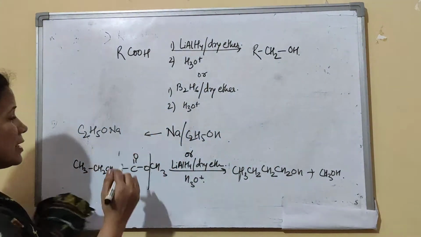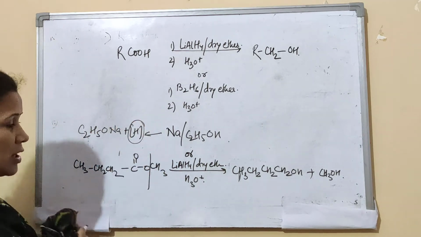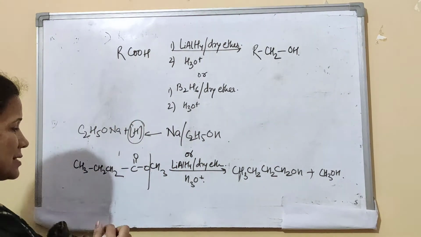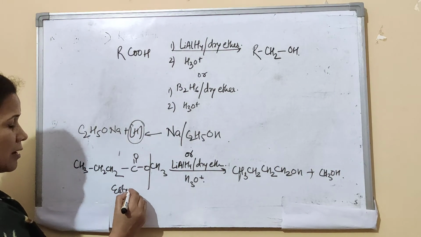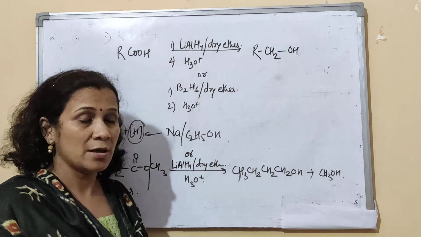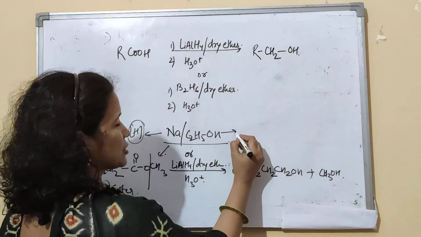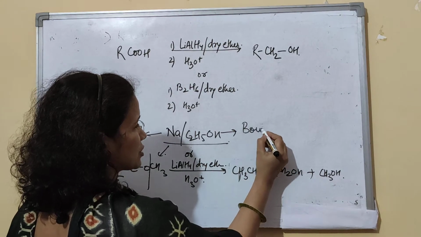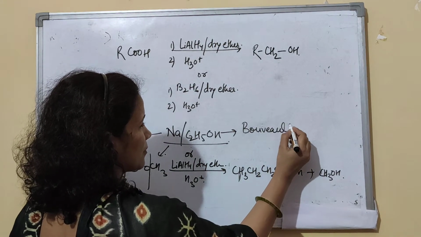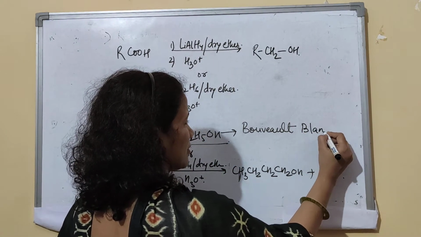You are releasing nascent hydrogen, and that is why it is a reducing agent. So if you reduce an ester using this reagent, that reaction has got a name. If I use this in this reduction, the reaction is known as the Bouveault-Blanc reduction.